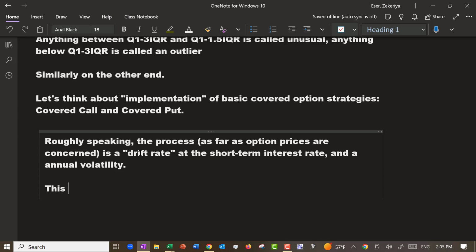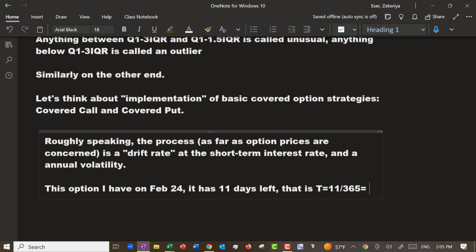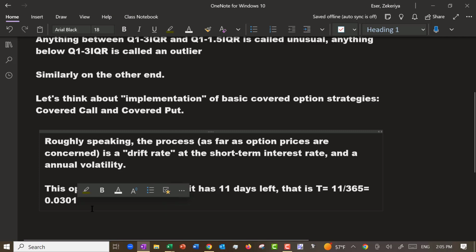So this option I have on February 24th, it has how many days left? 11 days left, right? That is 0.031 years.